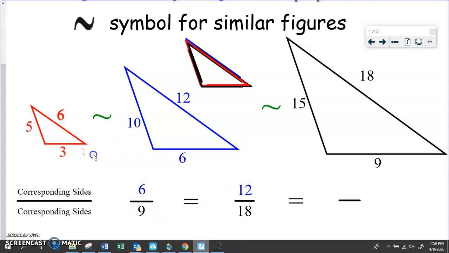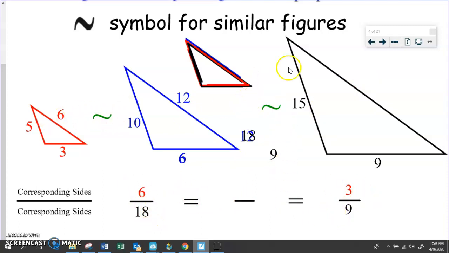If we take the shortest side in this triangle and the shortest side in this one, and the longest side in this triangle and the longest side in that one, those are going to be equal.